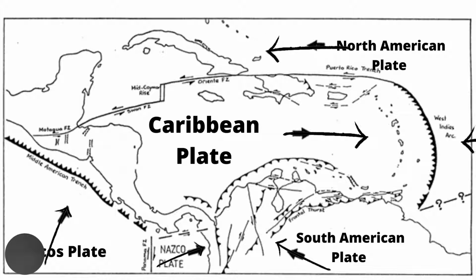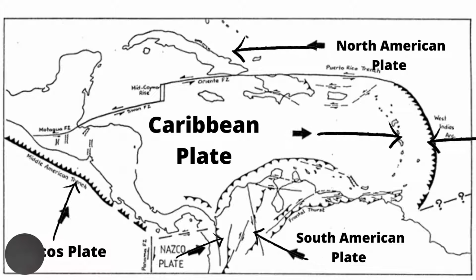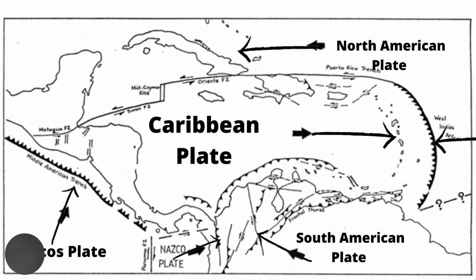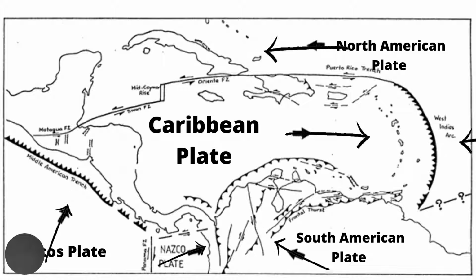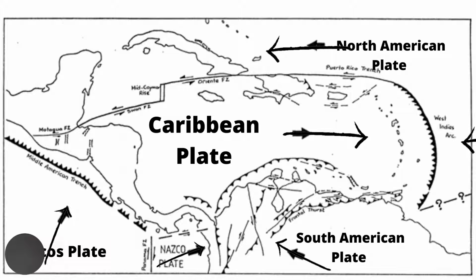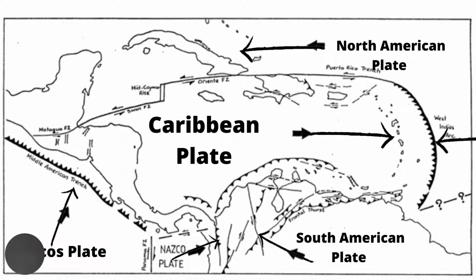Now here is another tectonic map showing the Caribbean and the adjacent plates. Notice that the Caribbean is generally moving towards the east, and therefore at the eastern edge of the Caribbean plate, it is converging with the North American plate.